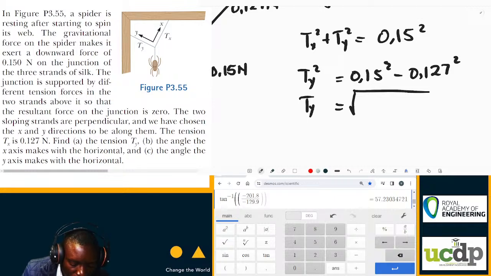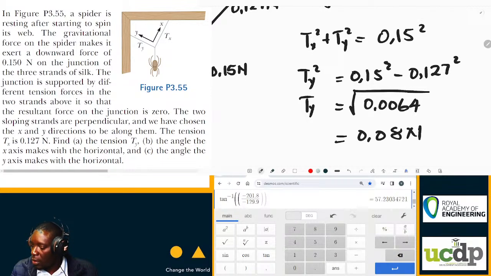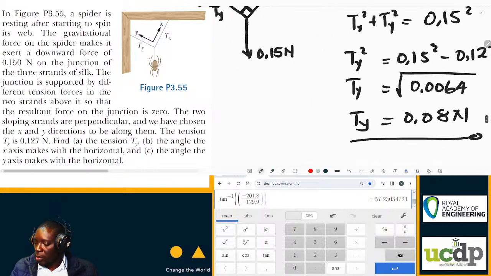The root of 0.0064, which is 0.08. Ty is 0.08 newtons.